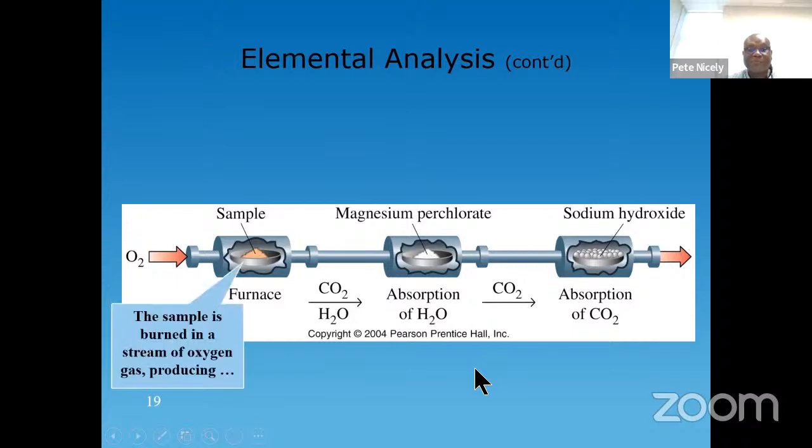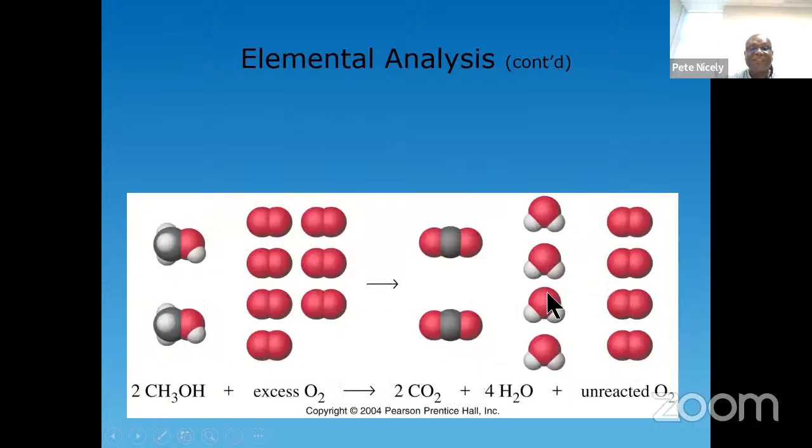Now, let me skip all this here. So here is a simple example of the combustion that would take place between, in this case, methanol reacting with oxygen. And this is the balanced equation here. Therefore, if you know the mass of carbon in the carbon dioxide, you can determine the mass of carbon in the original compound. And the same is true for the hydrogen.